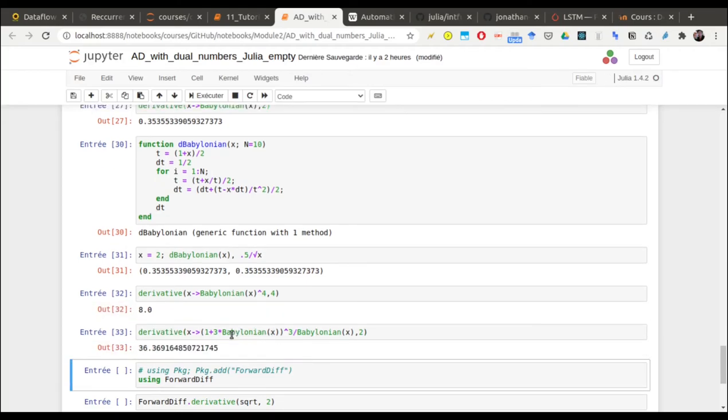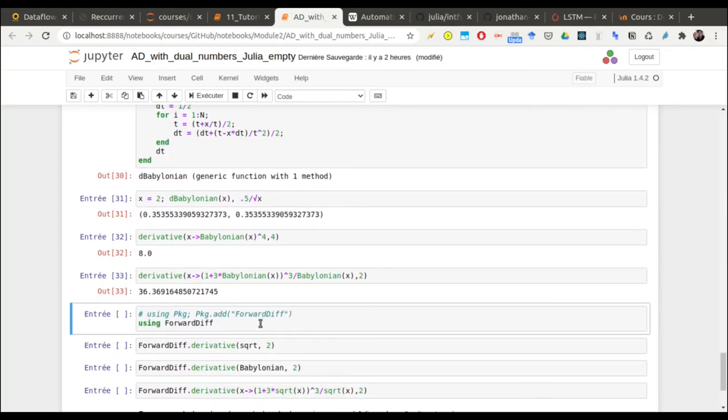Now something more tricky. This is the function 1 plus 3 times square root of x to the power 3, divided by square root of x, evaluated at 2. I'm not able to do the math automatically here, but this is the derivative of this function evaluated at 2.